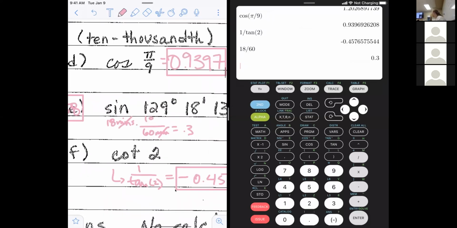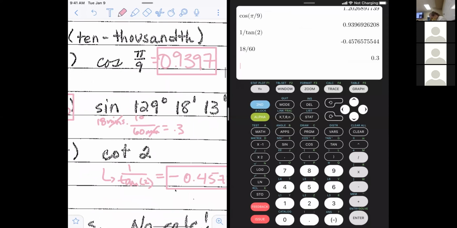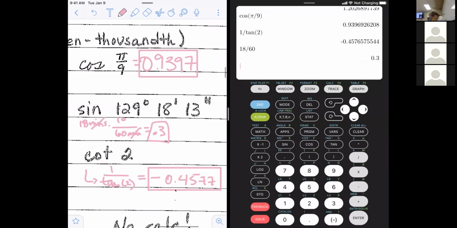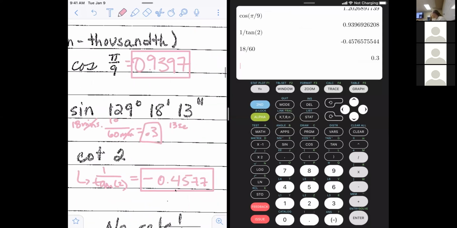And then I also have seconds here. I've got 13 seconds. So I've got to do my seconds conversions, which is 13 seconds times what? 1 over 3,600. Very good, L. Which is a big thing to divide by. And I get 0.00361.